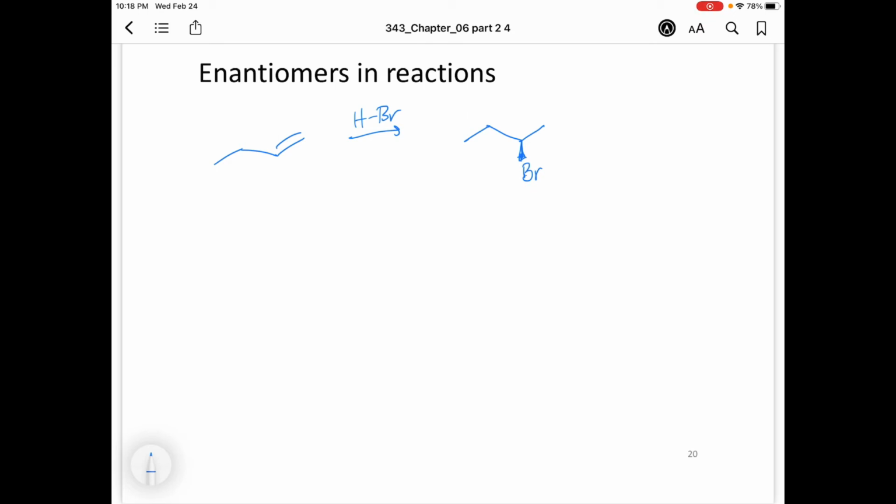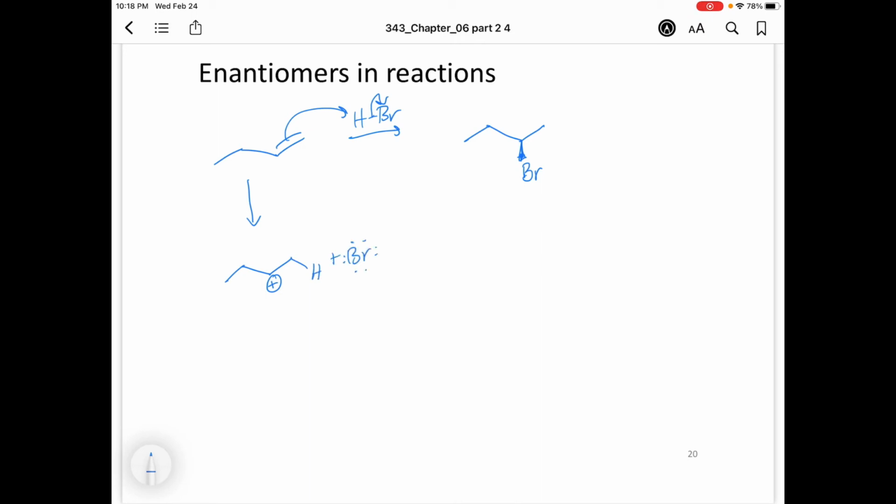Now, we know that we form a carbocation here in the reaction. I'm going to pick up a proton. The bromine is going to be left as Br minus. I have a carbocation, my proton added here, and I have Br minus.